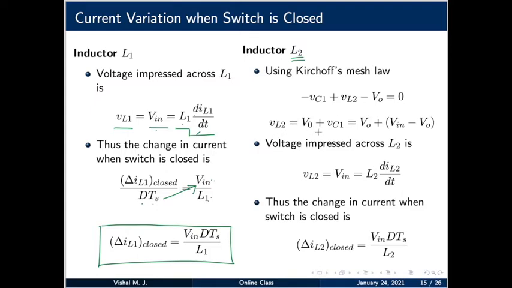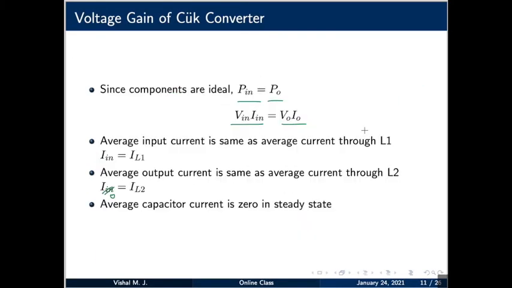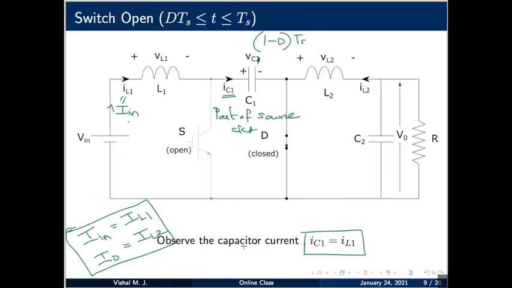Take VL2 outside, you will get it is V0, take this V0 out there, it becomes plus V0, and minus Vc1 when it goes to the RHS, it becomes plus Vc1. And what is Vc1? We have already derived. If you remember, the first step we did was that.